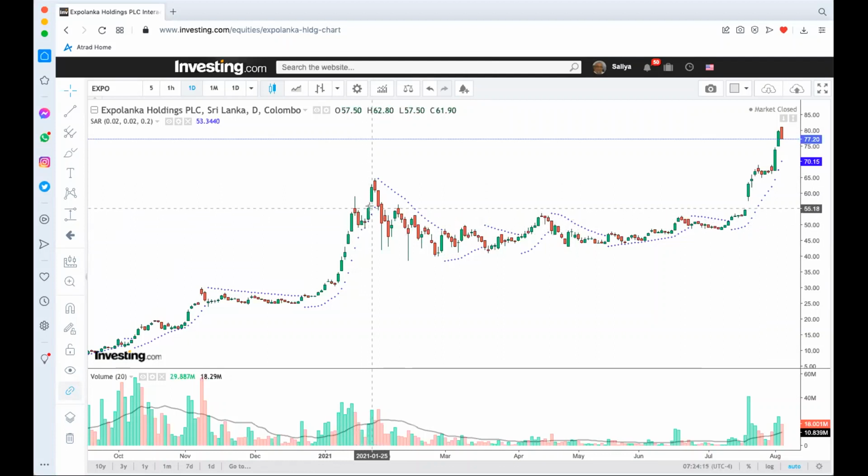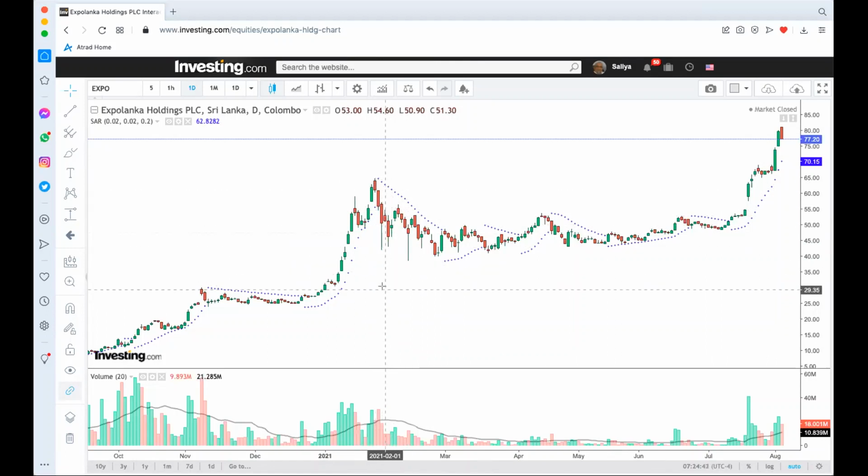Now that reversal took place exactly here. You can see the dots followed the price trend up to here, and at this point the stop and the reverse took place, and the dots started appearing above the prices, giving an indication of a downtrend.